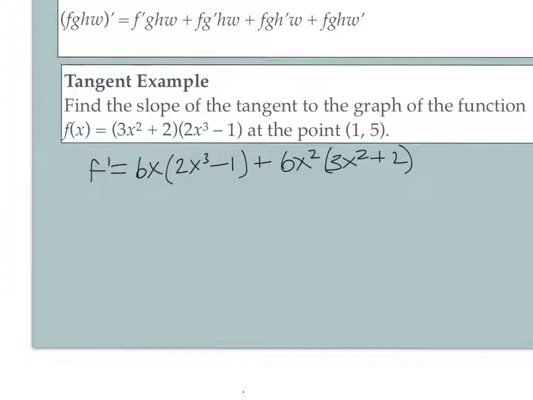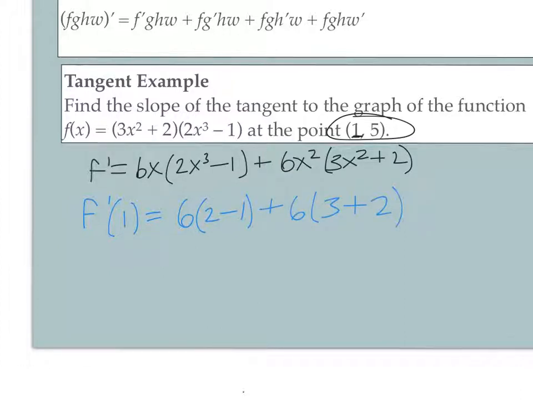And now it's up to you what you want to do, because you could simplify this out, or if you're given a situation like this where they give you a point, you really can just plug it in at this point. I know that the 1 value is my x. So I could just plug it in right now if I wanted to. So f prime of 1 will be 6 times 2 minus 1 plus 6 times 3 plus 2.